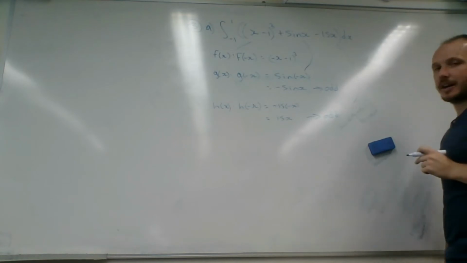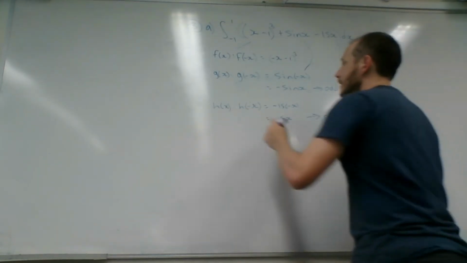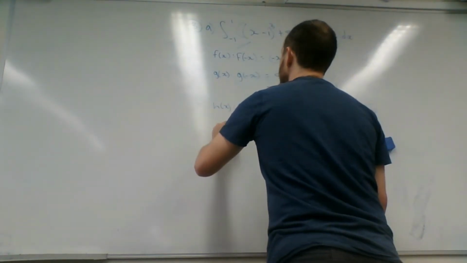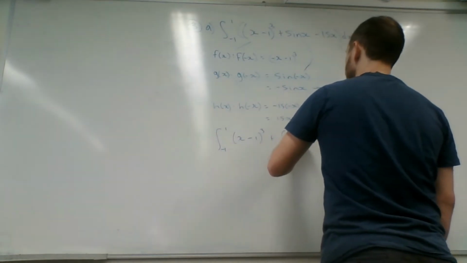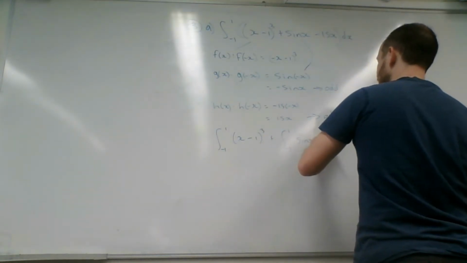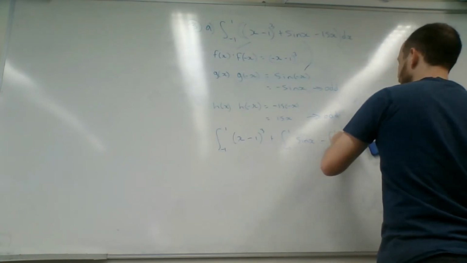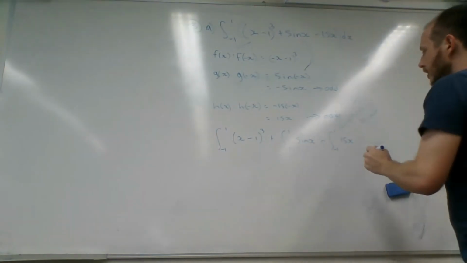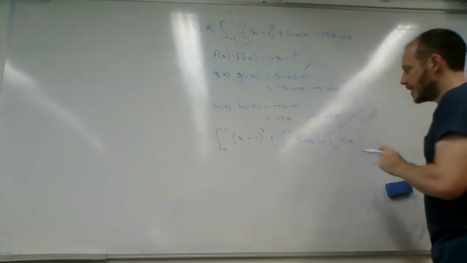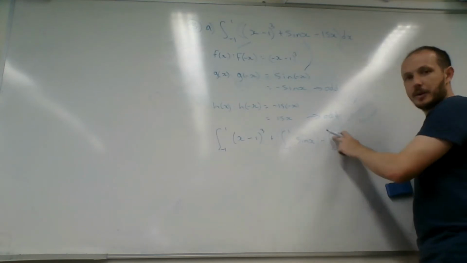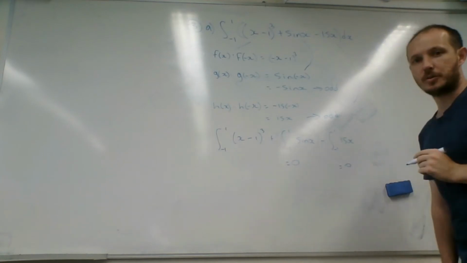Now what this tells us is that if we break this integral up into 3 parts, the integral from minus 1 to 1 of (x take 1) cubed, plus the integral from minus 1 to 1 of sine x, minus the integral from minus 1 to 1 of 15x, then we've just showed that sine x is odd and 15x is odd, and so because we're integrating from minus 1 to 1, this one will be 0, and this one will also be 0.